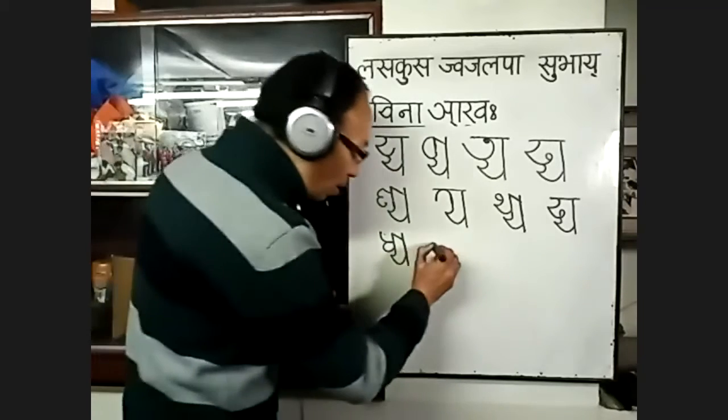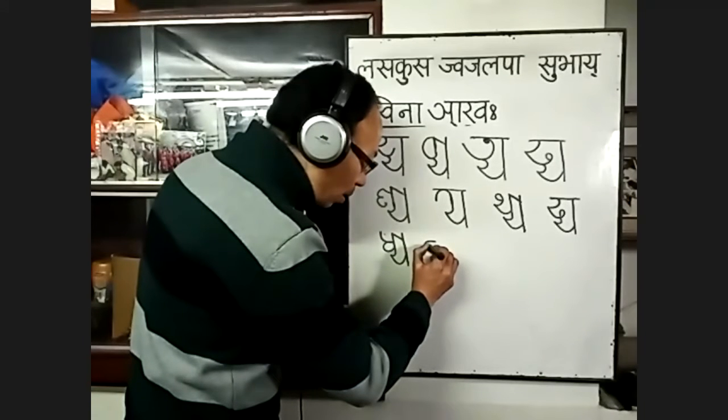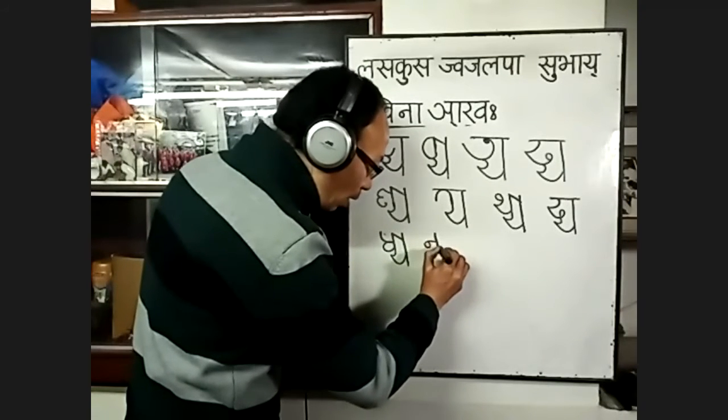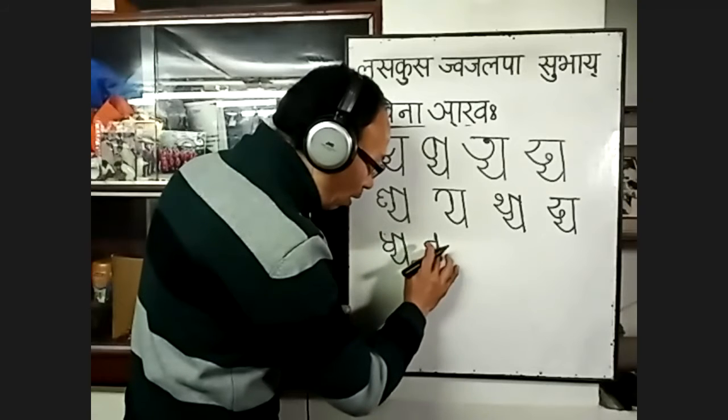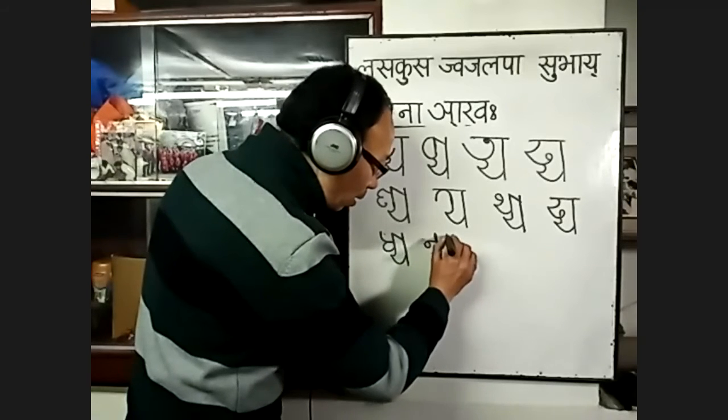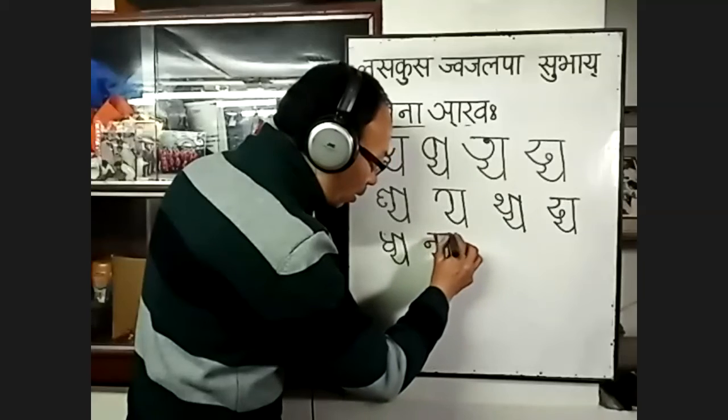The tha, nyo. Now nyo. This is nyo. The no is here, and the mutupa of no lies here, and then from here, nyo. Nyo.